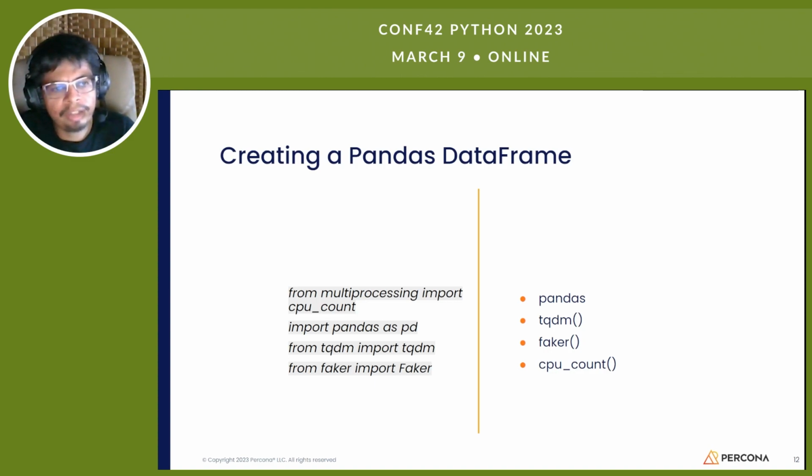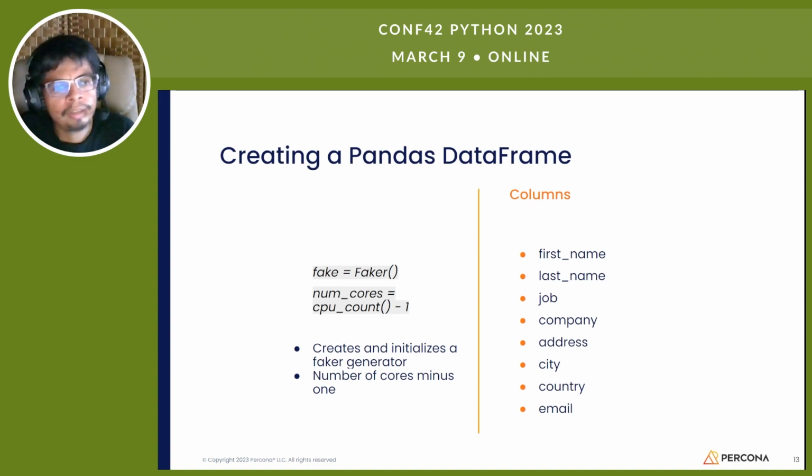And then we import pandas as well as TQDM and Faker. TQDM is a library for adding a progress bar. We create and initialize a Faker generator. We get the number of CPU cores available minus one. This way we avoid the computer freezing when using all the CPU cores available.